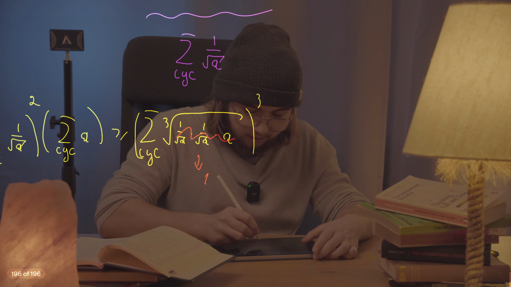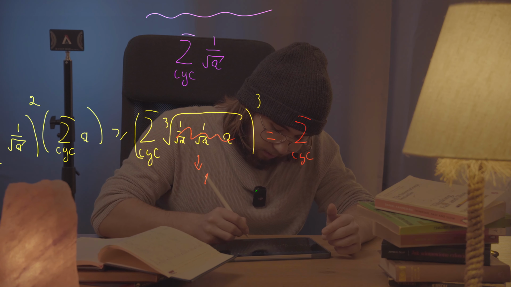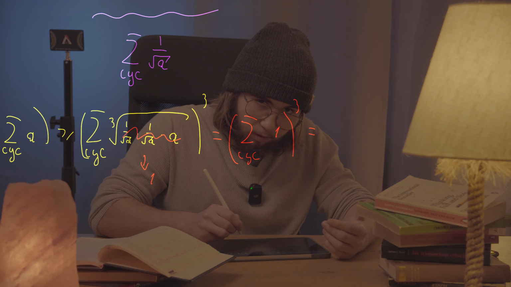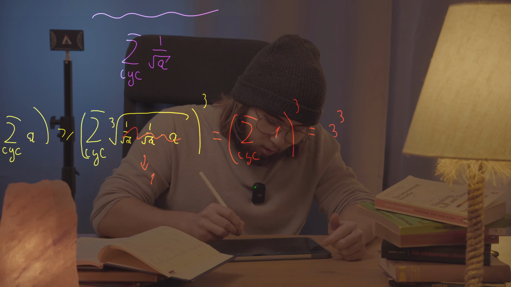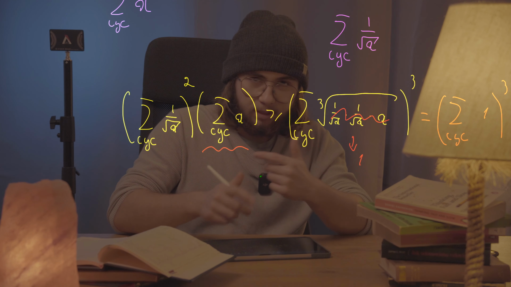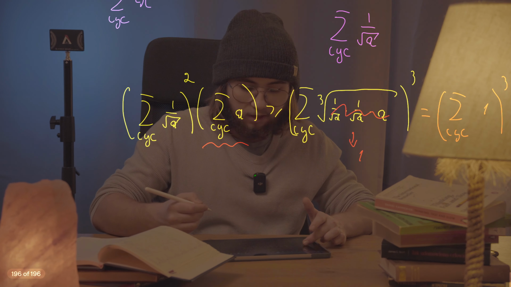So I would get that this entire thing would be the cyclic sum of just 1 to the power of 3, but we know what the cycle is, it's just a, b, and c. And so this would be 1 plus 1 plus 1, which is 3, and all to the power of 3. But now, what is the cyclic sum of a? Well, that's a plus b plus c, but this was said to be 3.